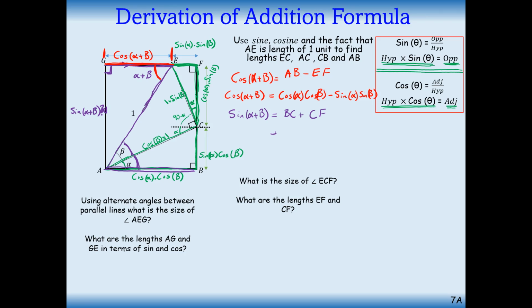Therefore, what is BC? It is sine alpha cos beta. What's CF? CF is cos alpha sine beta. So that's the derivation of this double angle formula.